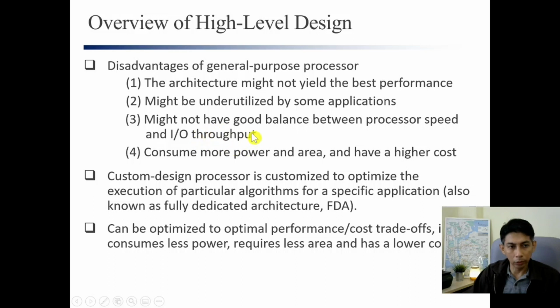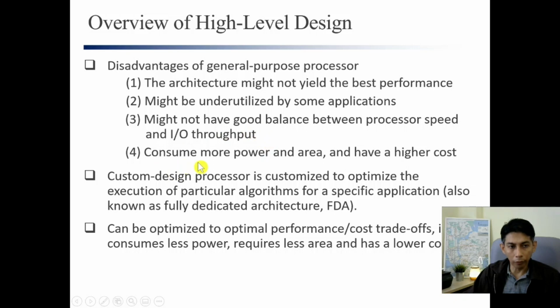Yeah. So most of the time the I/O is slower as compared to the microprocessor itself. Yeah. So this is a problem also, if you use your microprocessor for a simple application, right?